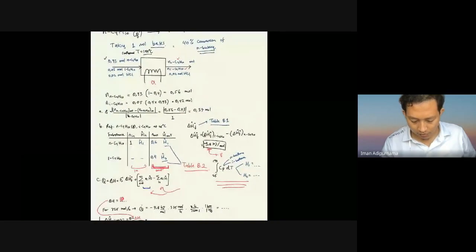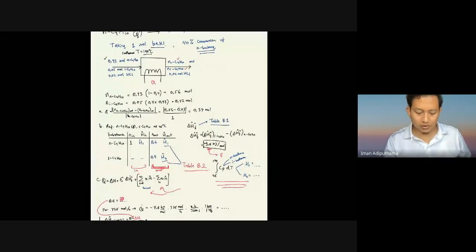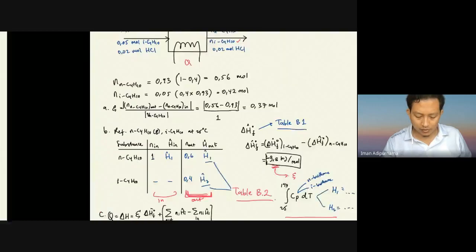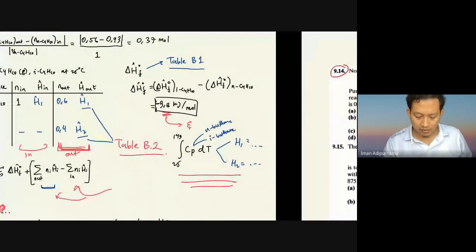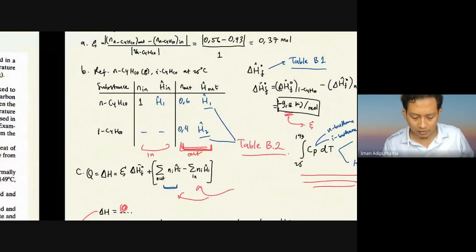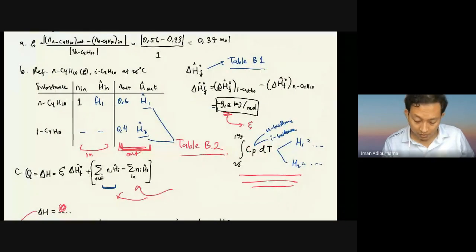A little bit longer than usual. In chapter 8, you are usually asked to use this table and table B2, and in chapter 7 it is the steam tables, right? But in chapter 9 you need to use table B1, B2, sometimes B8, sometimes B11 if it is solutions.